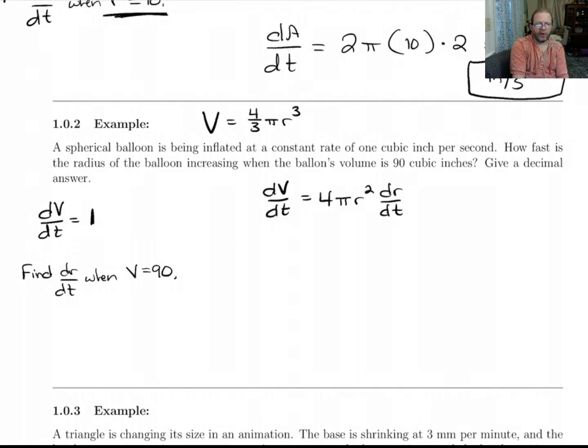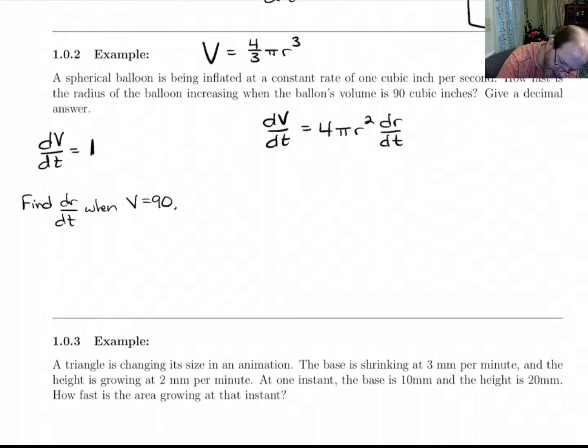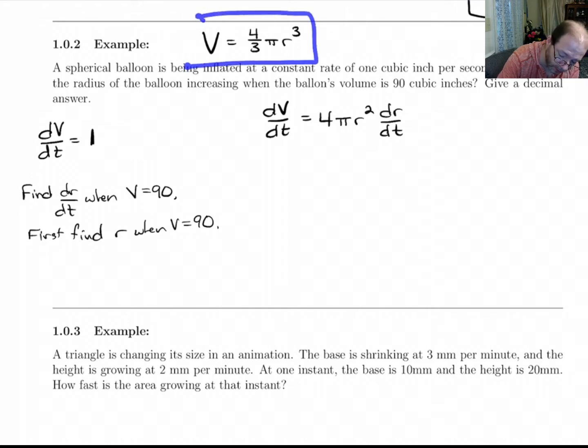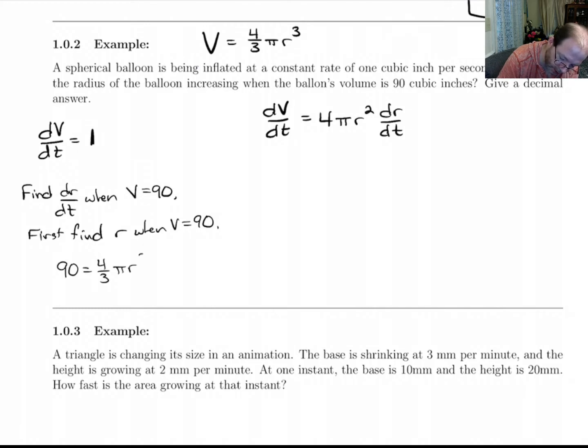Now they gave us the volume instead of the radius, so we need to first find r when V is 90. To do that, we'll plug back into this equation up here. When V is 90, we've got 4/3 pi r cubed.